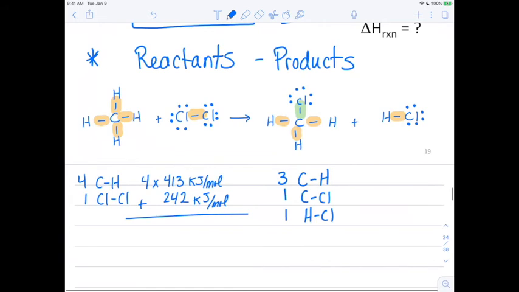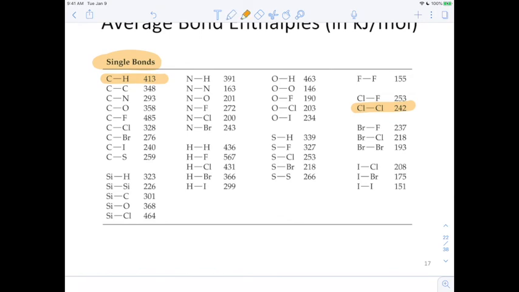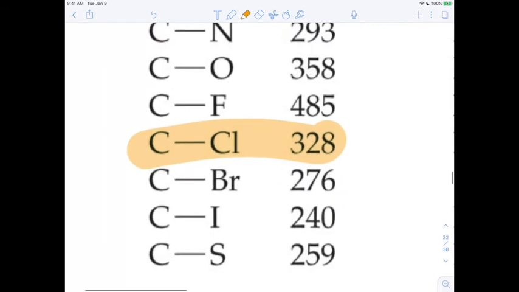Okay, so let's get our numbers now. Looking just at this previous one right over here, it looks like carbon-hydrogen was 413. Now we have 3 times 413 kilojoules per mole. And next we need to get a carbon-chlorine. So it looks like carbon-chlorine is 328.